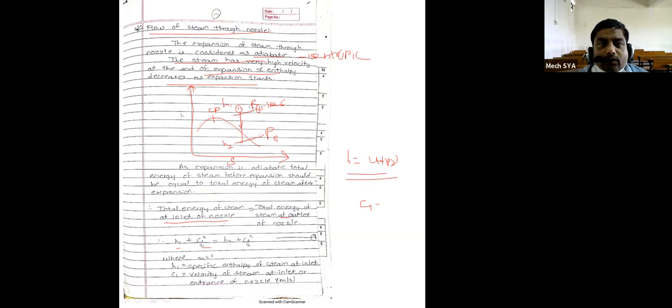So H1, the enthalpy of the steam entering, has kinetic energy as well as some specific enthalpy. In this expansion, H1 is always greater than H2, and C1 is always lesser than C2, because this enthalpy is converting into C2. Understood? Please reply.